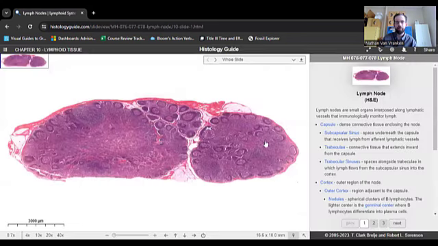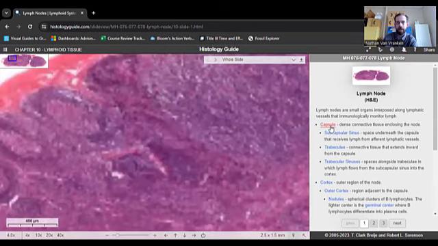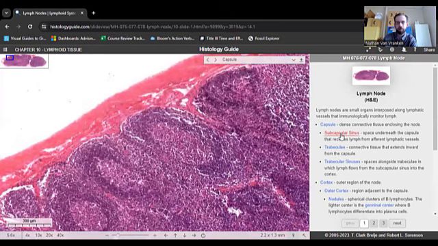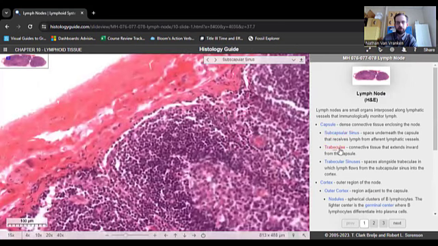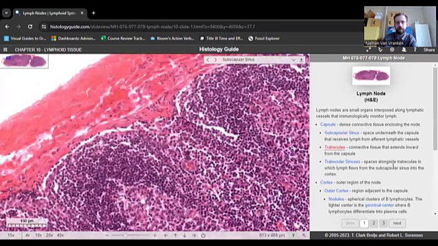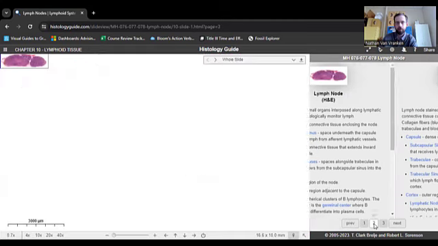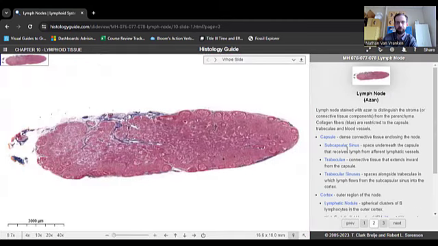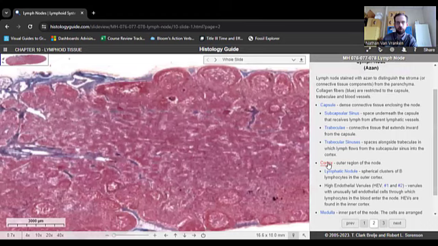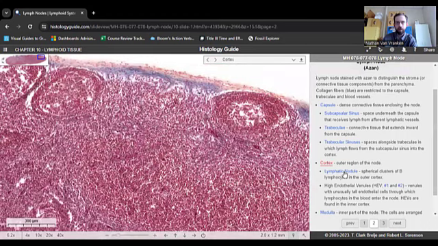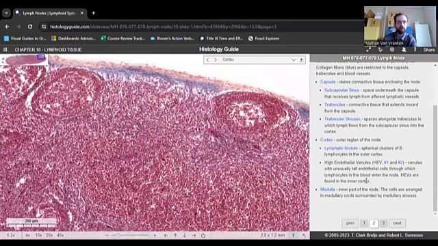This is a lymph node, and we can take a look and find things like capsules, the capsular sinus, trabeculae, and different nodules. There's a cortex present. And being able to identify these structures as if they are isolated will be very helpful in your studies this week.